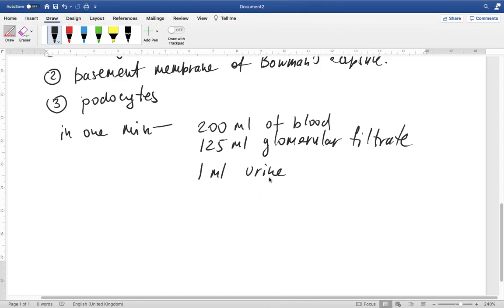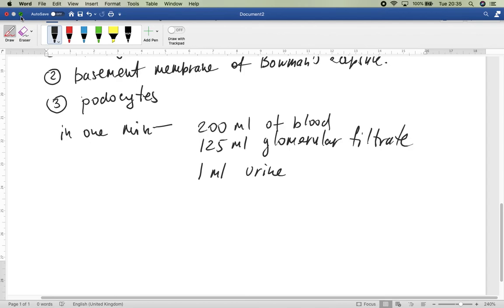So just to give you a little bit of a visual of what these numbers look like, one good thing you could do is, if you have a measuring jug, actually measure those amounts of water, and show yourself what is the relative amount we're talking about.